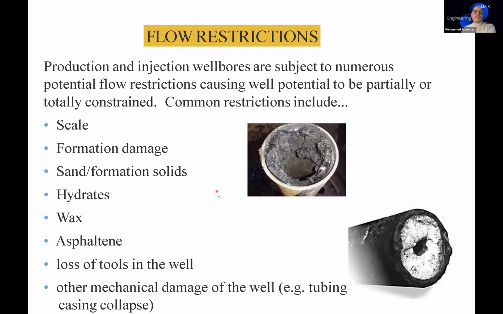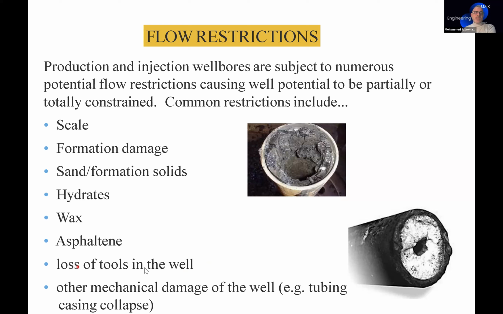So this flow restriction comes from a couple of common problems in the wellbore or the reservoir: scale, formation damage, sand, formation solids, hydrates, wax, asphaltene, and loss of tools in the well. Sometimes we do an intervention or survey, and we lose some tools inside the wells, and that may cause us to lose production from those wells.